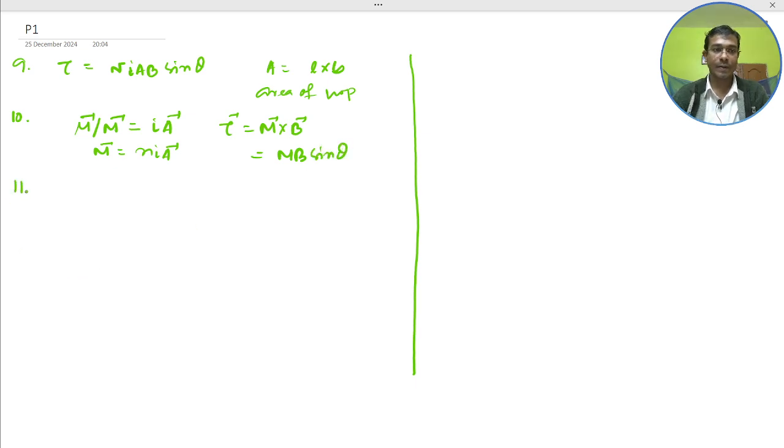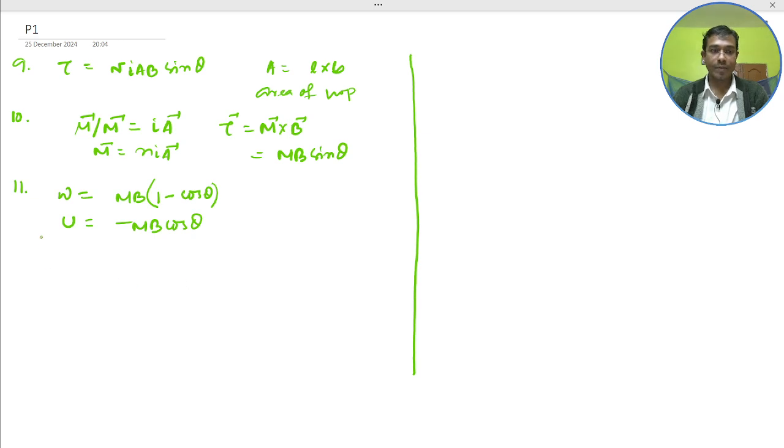Next one, the work done in rotating a magnetic dipole in a magnetic field is W equal to M B (1 minus cos theta). Potential energy of a dipole placed in a magnetic field at angle theta is minus M B cos theta.